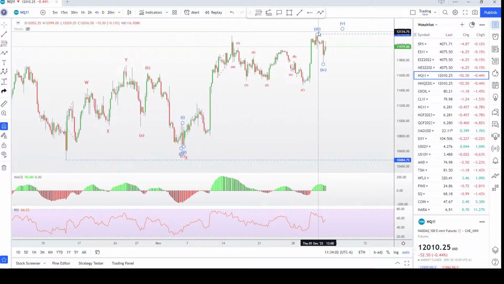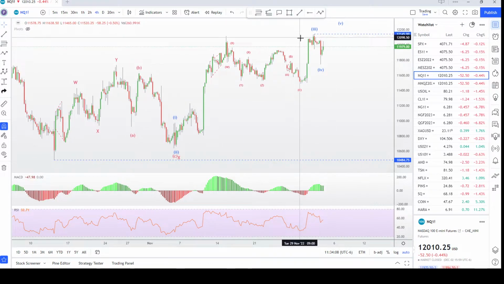That completed the third wave of this diagonal. Looks like we could already have the fourth wave in. It's 3 waves, and now they're going up for the 5th wave. Or this could be a bigger correction still in play before we go up for the 5th wave. But either way, I see this.